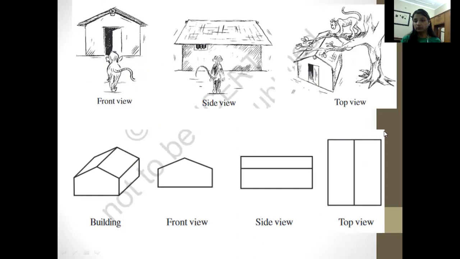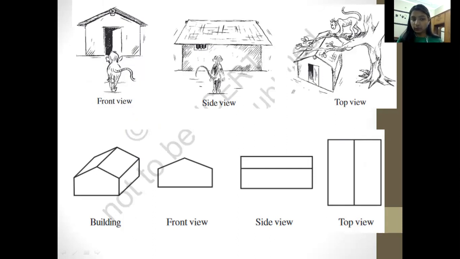Now let me give you a real example of the same image. What you are observing from this picture, you can again take a few seconds. Now we were discussing the angles. In the first picture, you can see that there is a text written over here, that is front view.